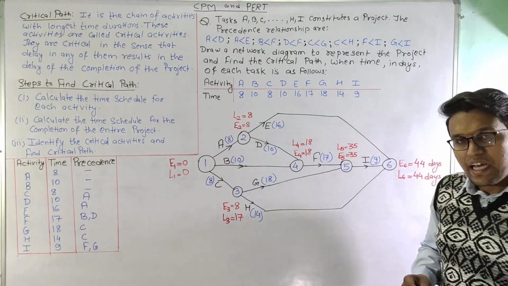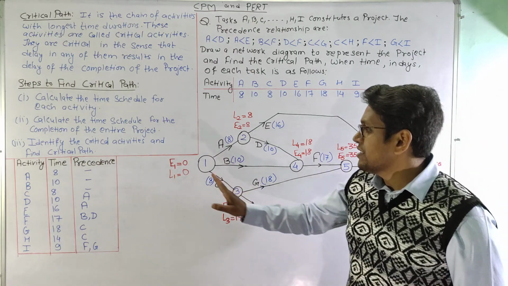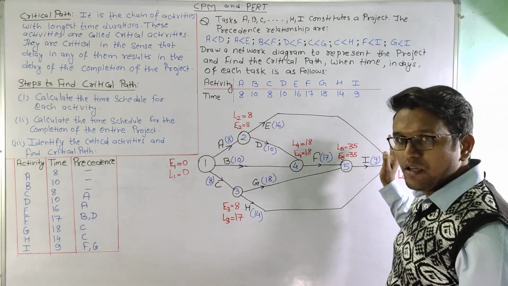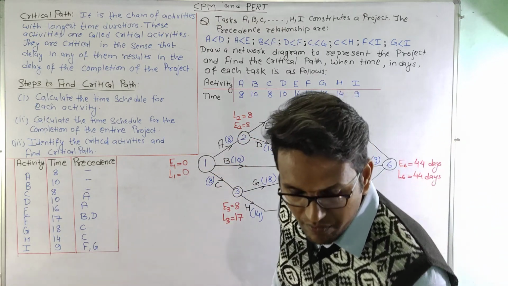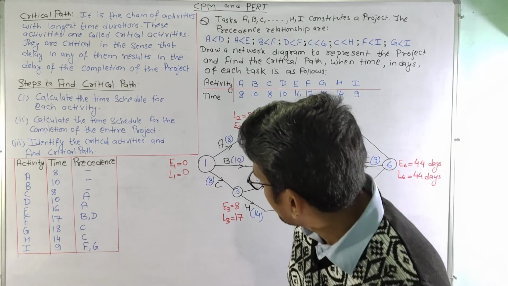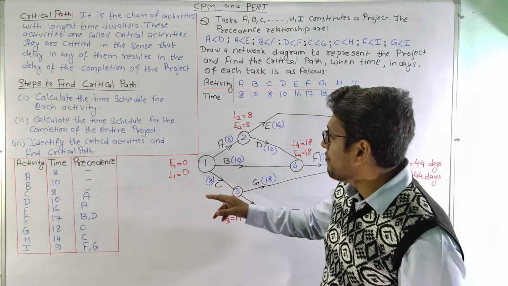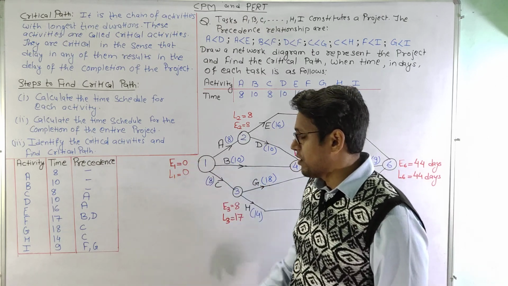Now as we have calculated all the earliest and the latest values at each node, what we will do is we will see at which node the value of E and L are equal.